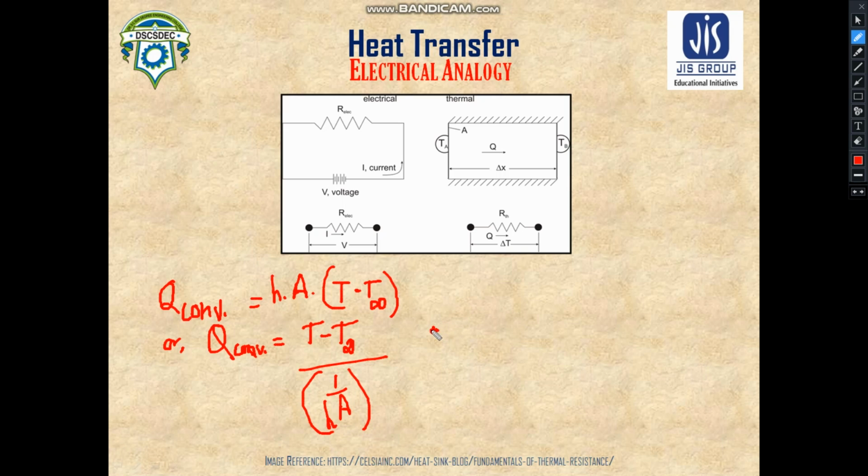Okay, the circuit would be similar. So T and T infinite, that is the ambient temperature.